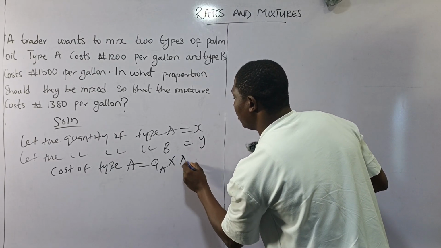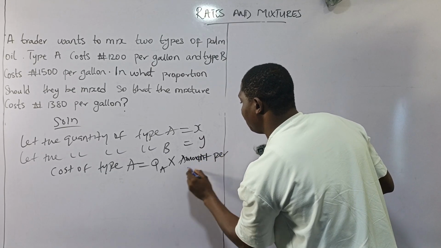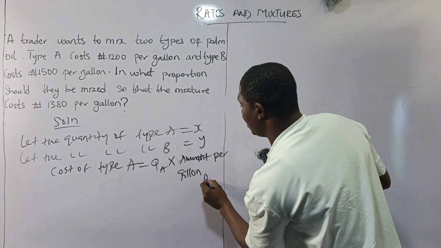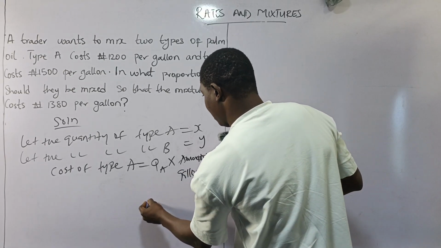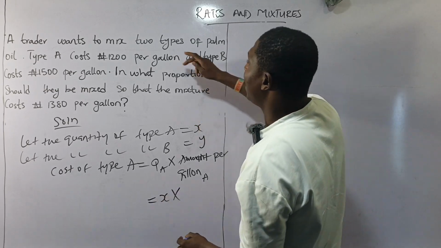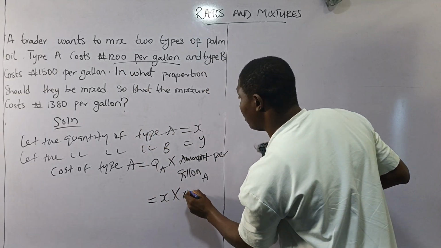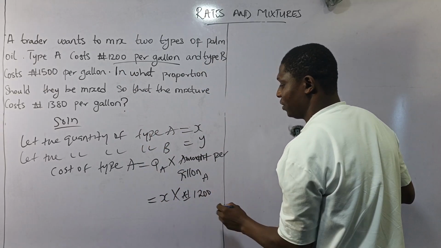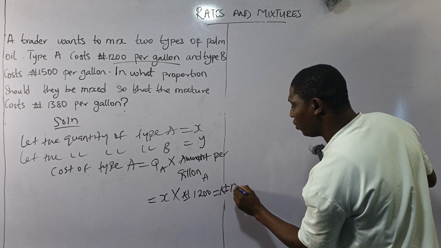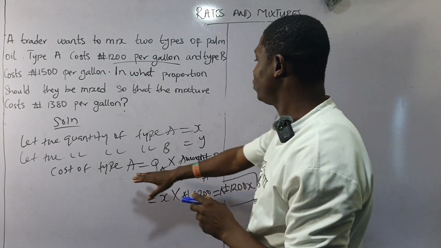Let me use amount per gallon, subscript A, which means for A. Quantity of A, we are using x, times amount per gallon for type A, which is 1,200. So this gives me in naira 1,200x.